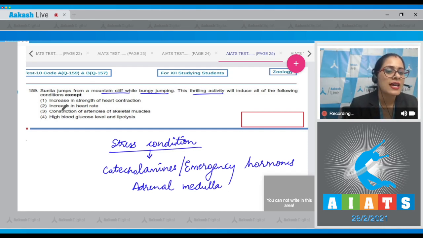The very first option says increase in strength of heart contraction. As emergency hormones lead to increase in the strength of heart contraction, the increased heart rate.